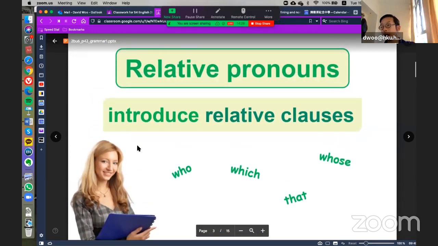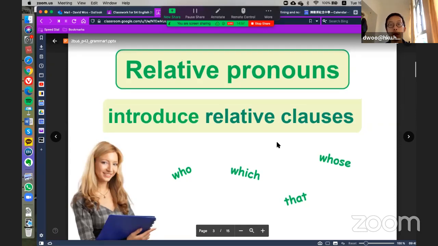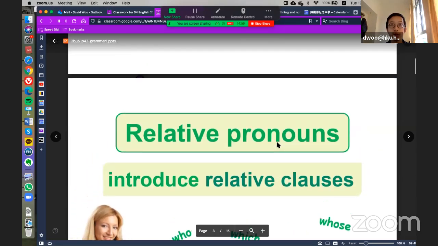So relative pronouns, you may want to repeat after me, pronouns are the words that we use to connect the sentences. And the relative pronoun takes the place of a word. Just like we use pronouns like he, she, it, and they to take the place of another word, we can use who, which, that, and whose to take the place of other words.